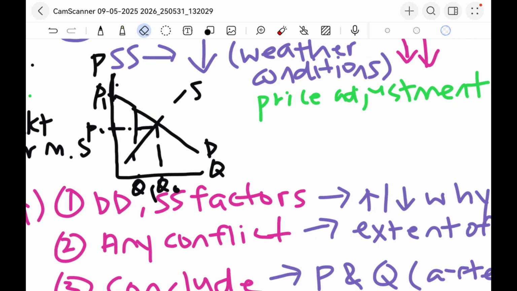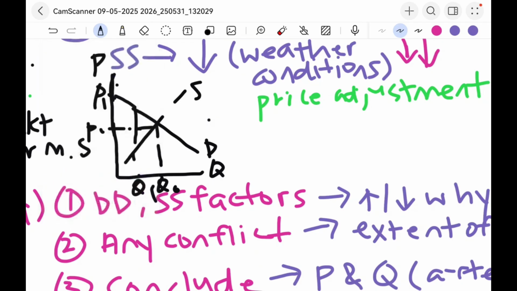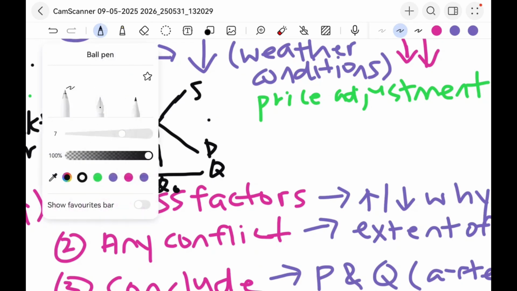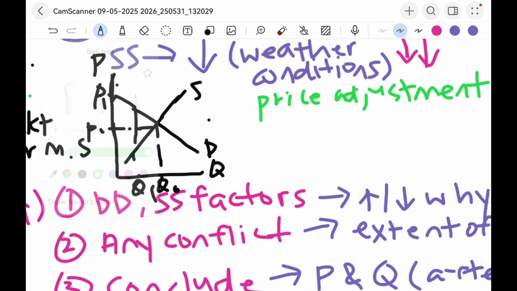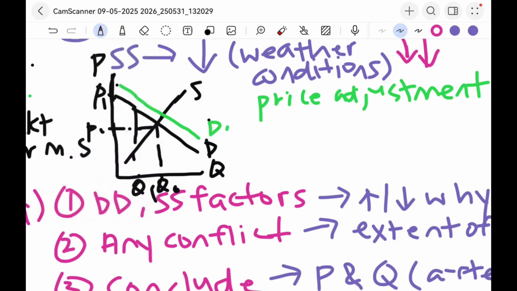So my supply, I can see the difference. So my demand, I shift just like that, Demand 1, then my supply I shift here. I can still show the difference. It's still okay.